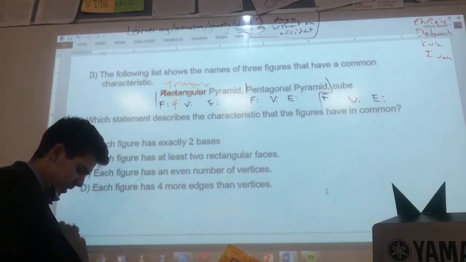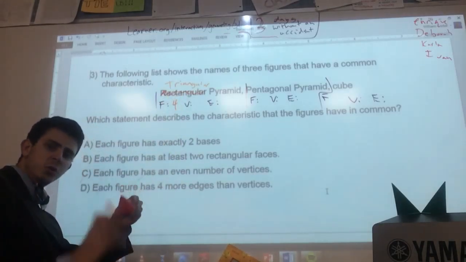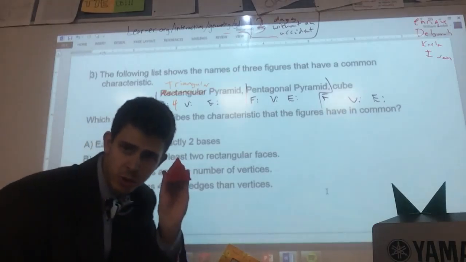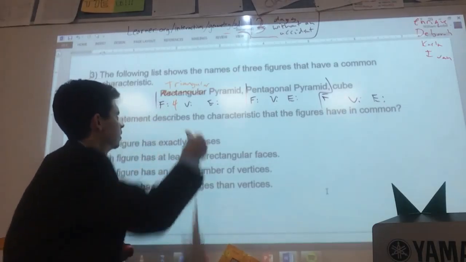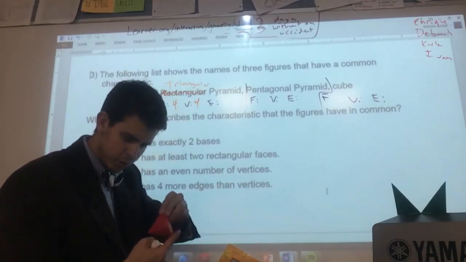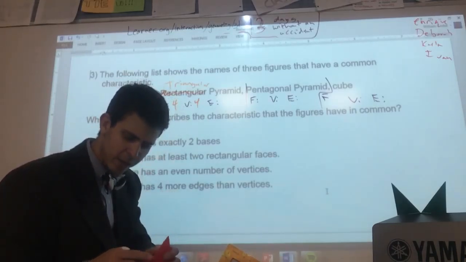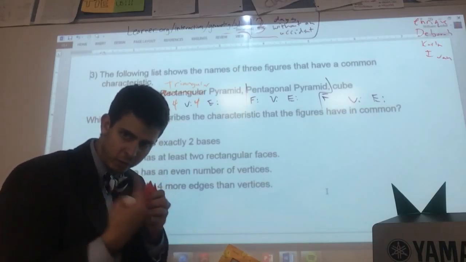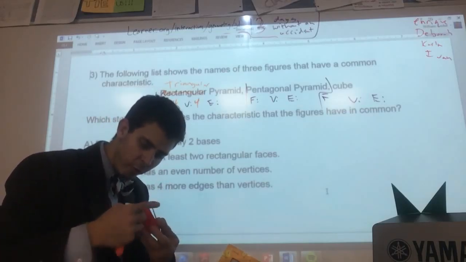The number of vertices is 1, 2, 3, and 4. So there's 3 on the base and then 1 apex. The number of edges, there's 1, 2, 3, and then the 3 on the lateral around the shape, 4, 5, and 6.